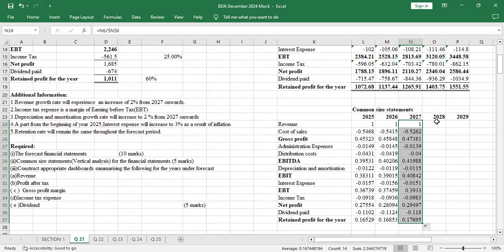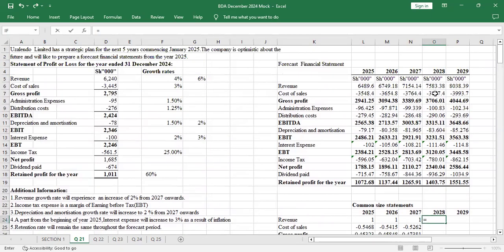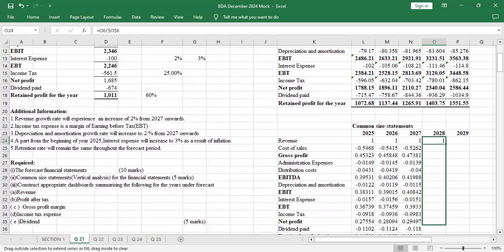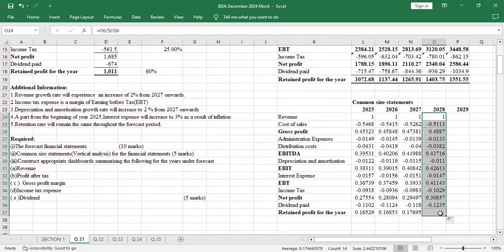Okay, we continue. Then you go to 2028, you pick that, and you divide by the same revenue, but you lock that revenue because it will be constant all through. You enter, then you drag all the way down.